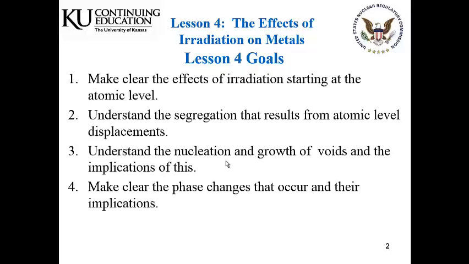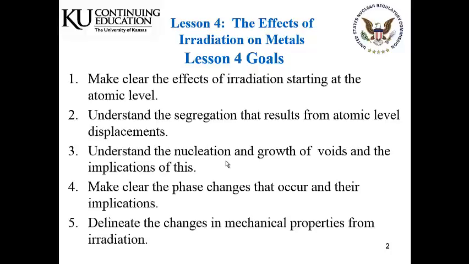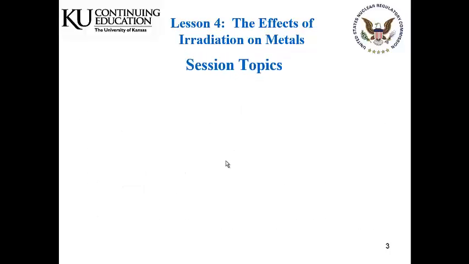We're going to look at phase changes and make these clear because there are phase changes that occur because of this irradiation, and we're going to look at the implications of this on both corrosion and mechanical properties as we go through these lessons. We're going to delineate the changes in mechanical properties that occur from irradiation, and they are not insignificant. They're something we have to understand pretty thoroughly.